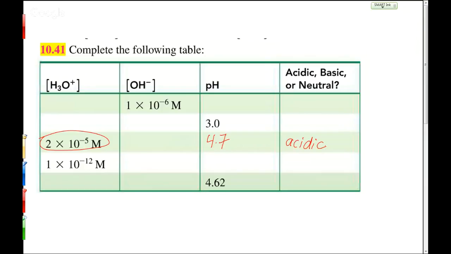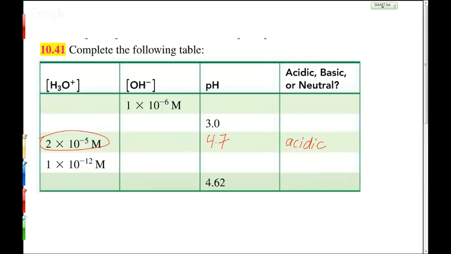So is that what you got, but that's not what it said in the answer? No, I just didn't know how to get the hydroxide. Oh, so the hydroxide concentration, yeah. So the best way to do that, there's 2 ways to do that. If you have a good calculator, you can divide by 10 to the minus 14th. Or you can divide 10 to the minus 14th by whatever the hydroxide concentration is.